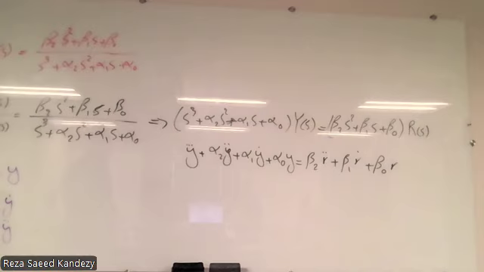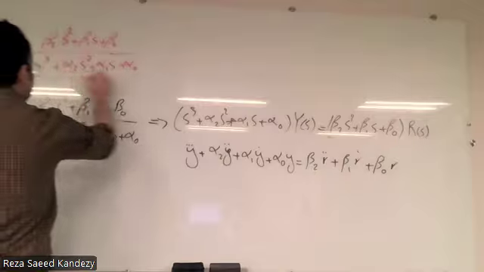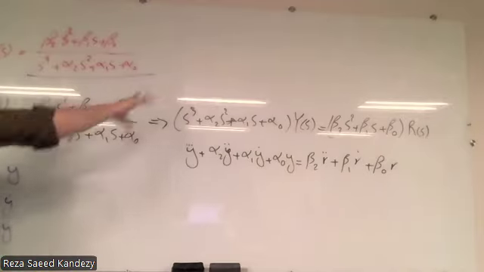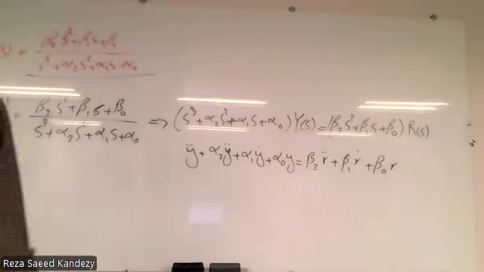Now, before I move forward, what is missing here? I missed one step. Anyone know what I should have done to this transfer function before I move to the rest of it?